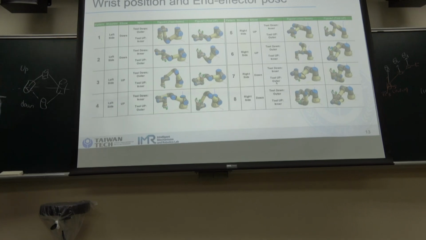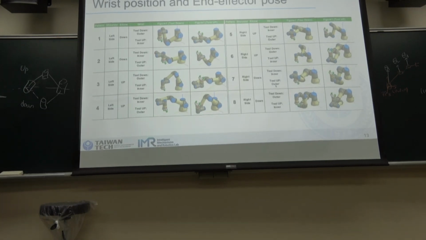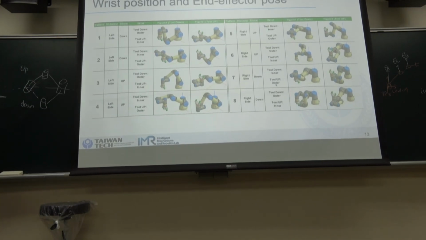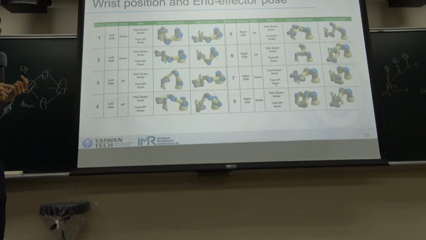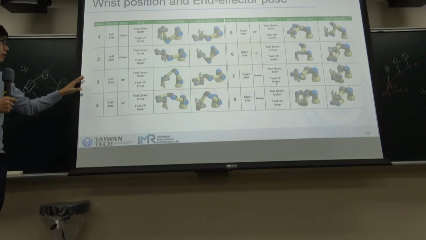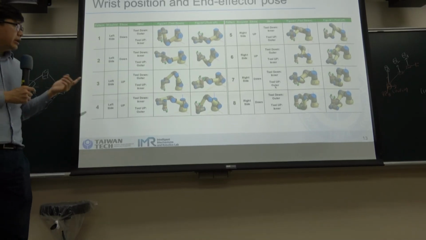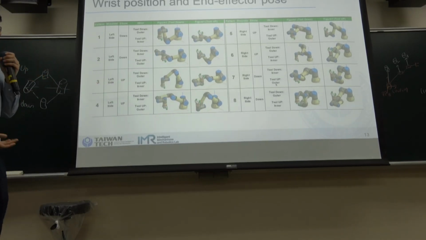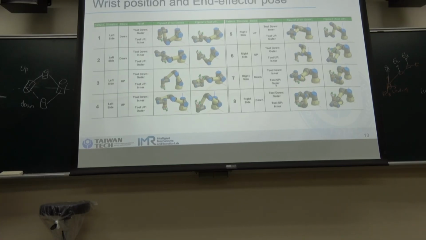So this is a typical 6 degree of freedom industrial robot. Normally 6 degree of freedom robot arms have around 8 different solutions.